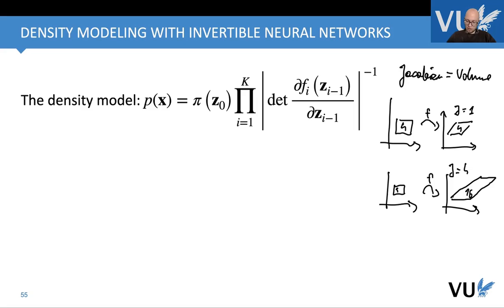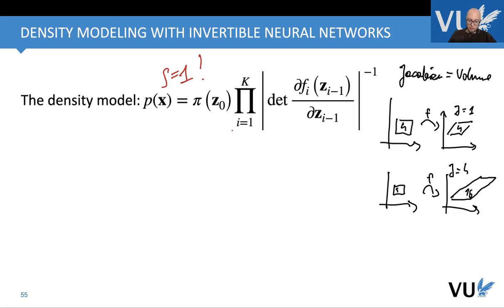So this is how we need to rescale our probability distribution so that, of course, this probability must sum to 1, right? If we calculate the integral, it must sum to 1.